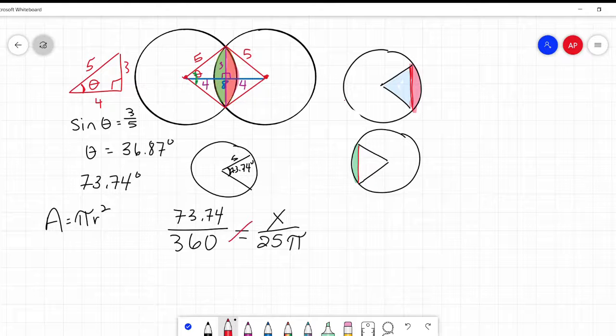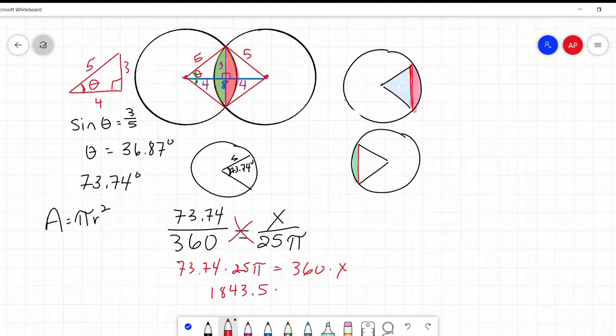So if I cross multiply, I get 73.74 times 25 pi equals 360 times x. Okay, so if I multiply those, I get 1,843.5 pi equals 360 times x.